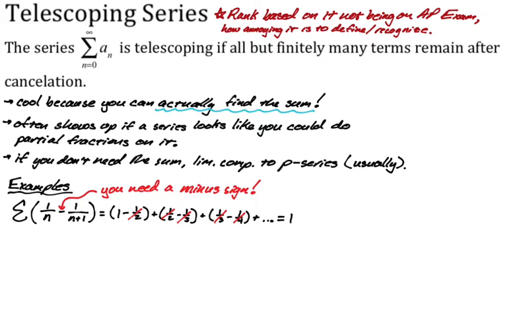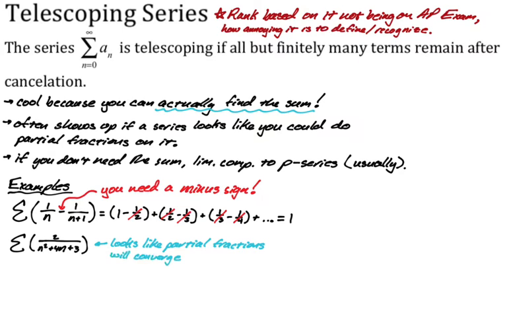So, it's cool, but it's really specific and not that common, and you have to do partial fractions most of the time. For example, you might get something like this: 2 over n squared plus 4n plus 3. This looks like something you'd use partial fractions on. I'm not actually going to do it, but if you did do partial fractions on this, it actually is a convergent series.